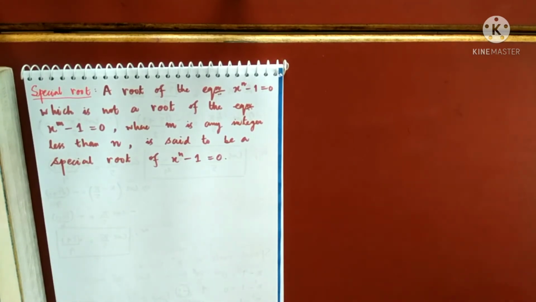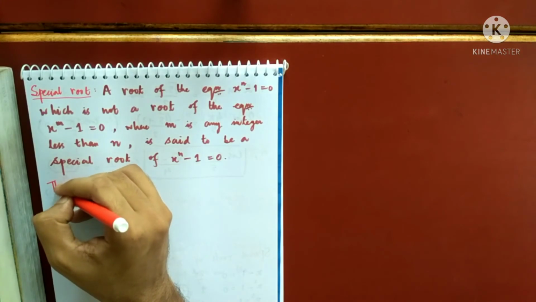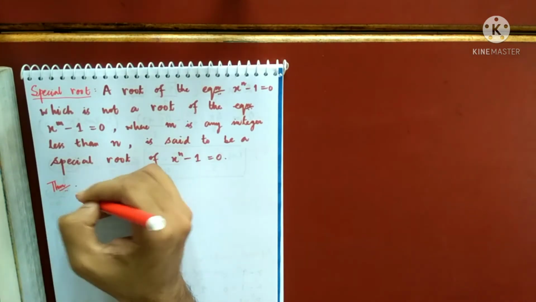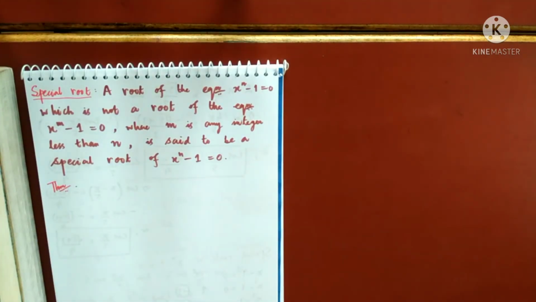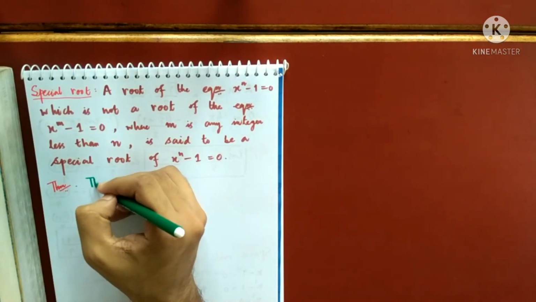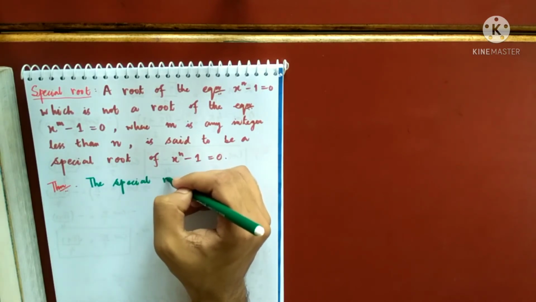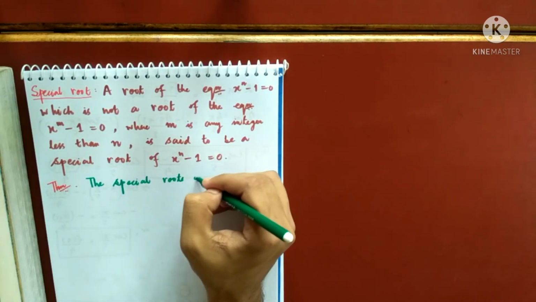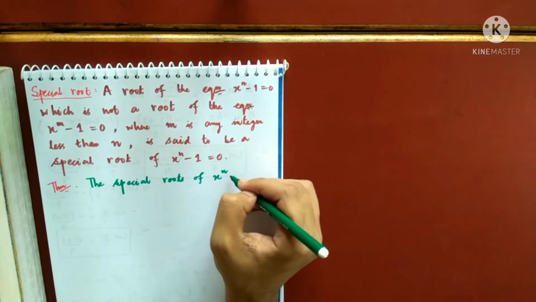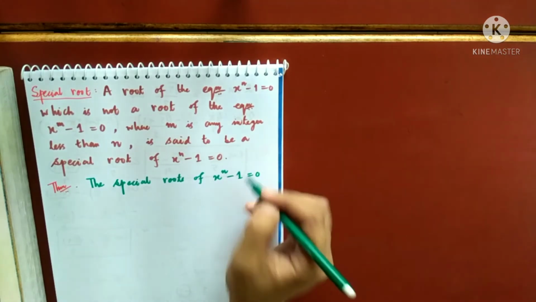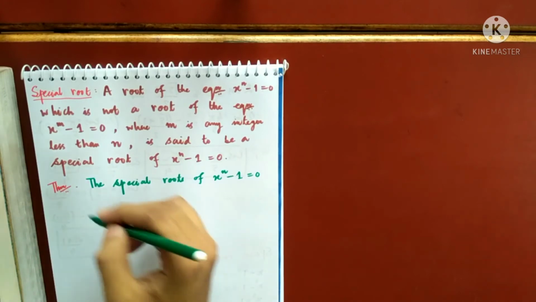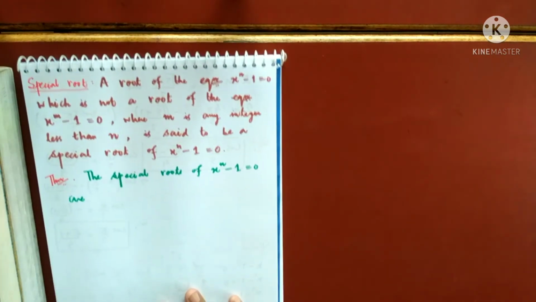So the next theorem answers our question how to find a special root. So the theorem says this. The special roots of x to the power n minus 1 equals to 0 are, do you know what are the roots of this?